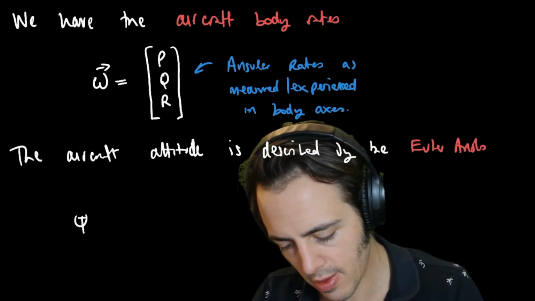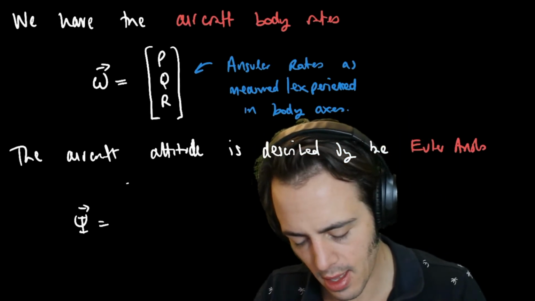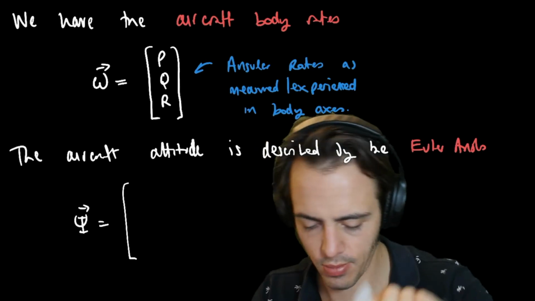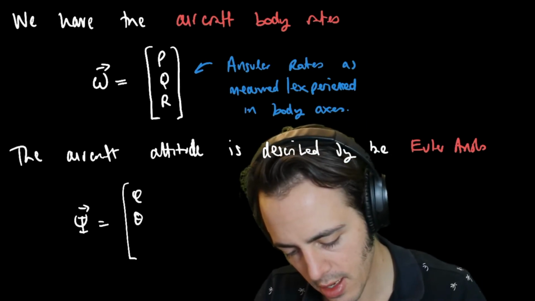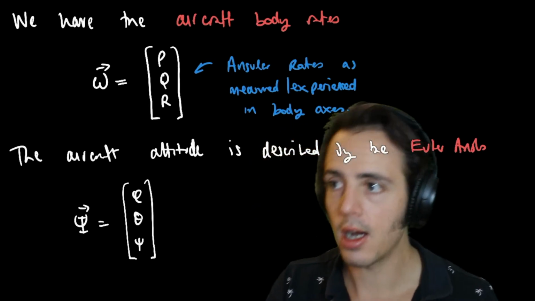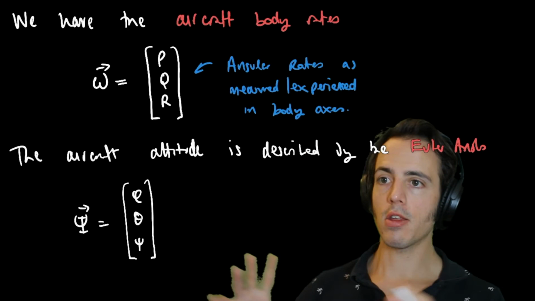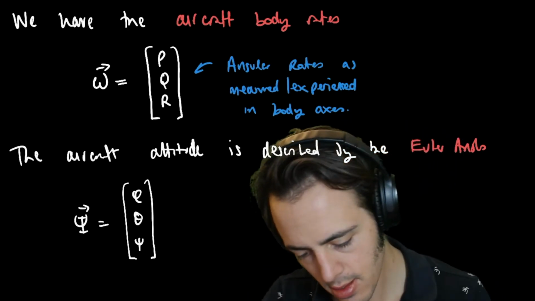Let's give this a symbol, let's say this is an uppercase vector phi, and this is therefore equal to phi, the roll, then theta, and psi, which is the yaw. So these are the angles that define the relationship between body axes and earth axes.